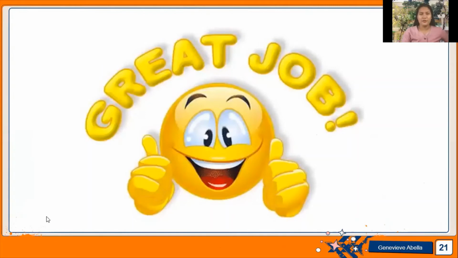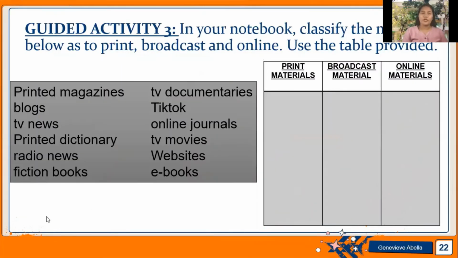Very good, learners. Let us now proceed to our guided activity number 3. In your notebook, you are to classify the materials below as to print, broadcast, and online material. Use the table provided.